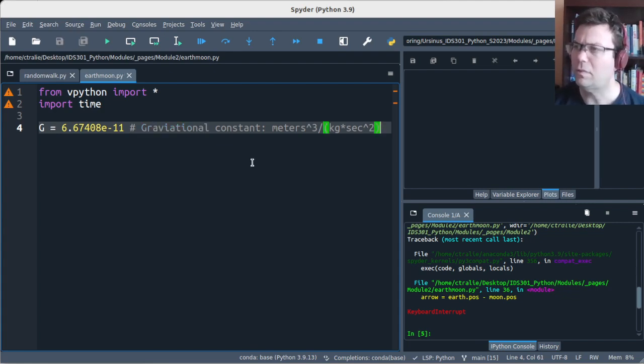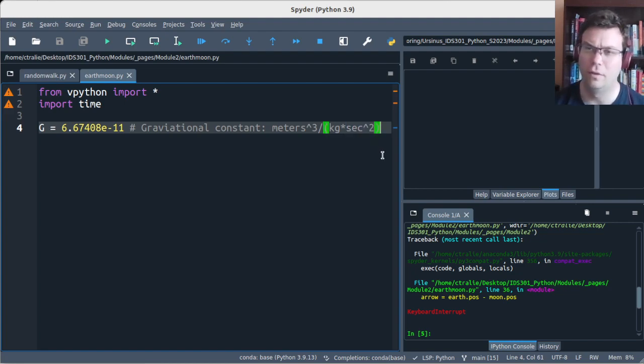And just a little bit of intuition here. So what is this gravitational constant? Well, it basically tells us how strong the force is going to be between two bodies that have mass based on how far away they are. So that's why you see the mass here. So it's the kilogram, and then the distance here. It's a function of the distance that the bodies are apart. And what it gives you back is a per second squared.